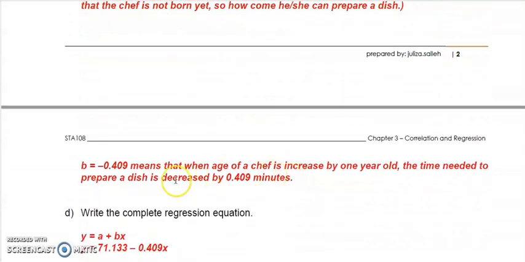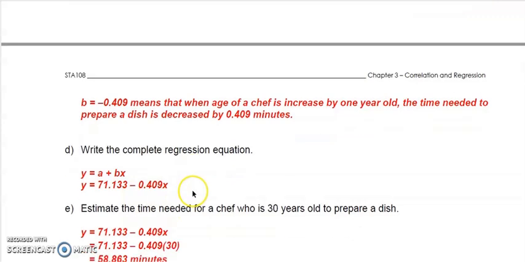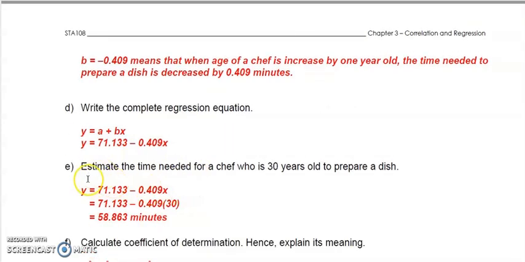So here slope b equals negative 0.409 means that when the age of a chef is increased by 1 year, the time needed to prepare a dish is decreased by 0.409 minutes. It decreases because b is negative. Write the complete regression equation. As I said before, y equals 71.133 minus 0.409x.